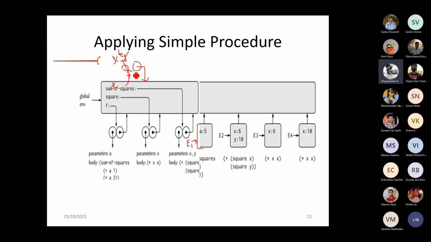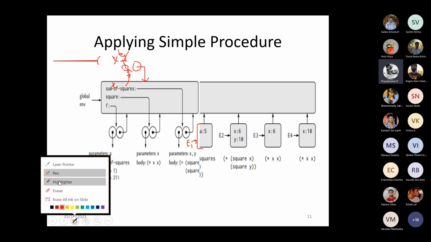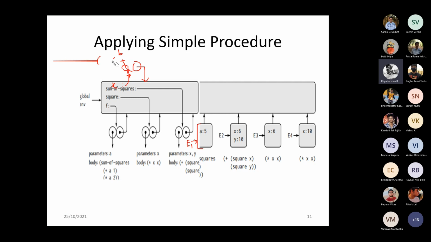For the F function, we have the parameter A, right? Similarly, for the X function, the parameter is A only. There we are doing A plus 1 into A plus 2. Here we will do A plus 2 into A plus 2.